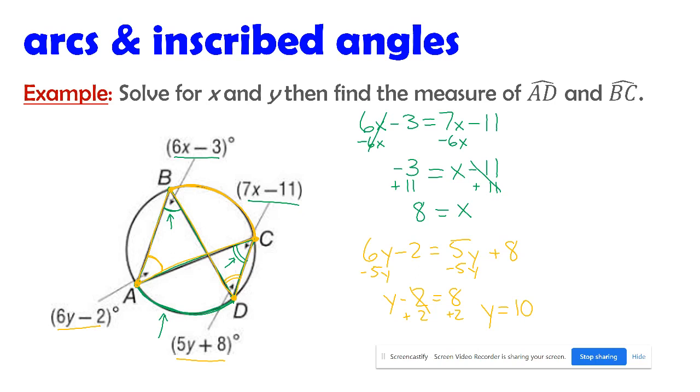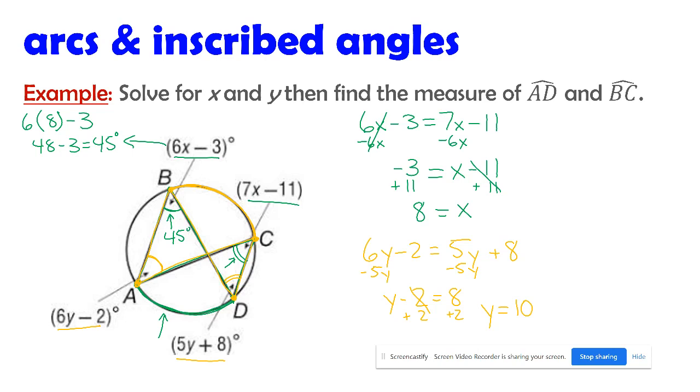Let's take 6x minus 3. I know that x is equal to 8. So I'm going to plug 8 in for x and work this out. 6 times 8 is 48, minus 3 is 45 degrees. So this angle right here at B, angle ABD, is 45 degrees.